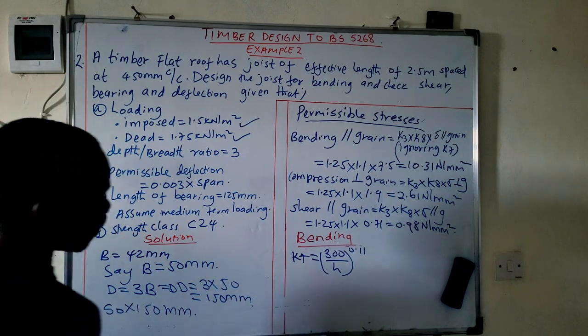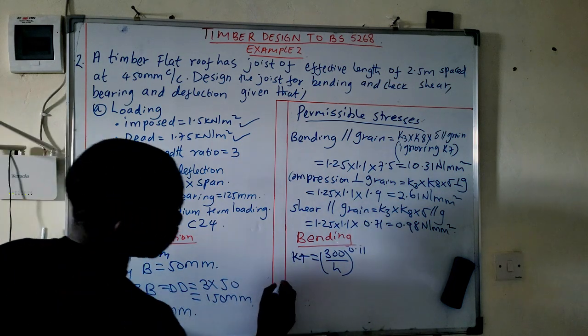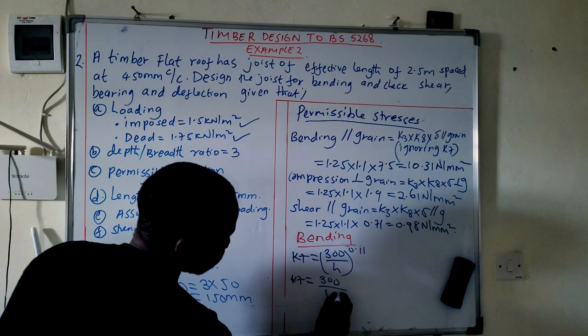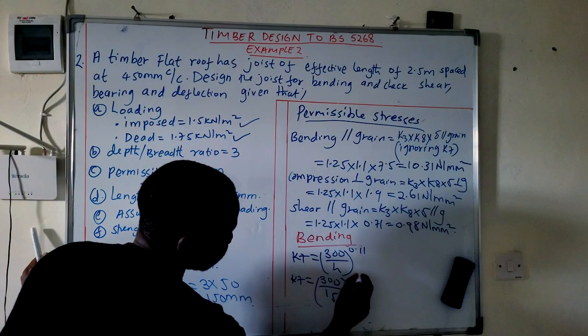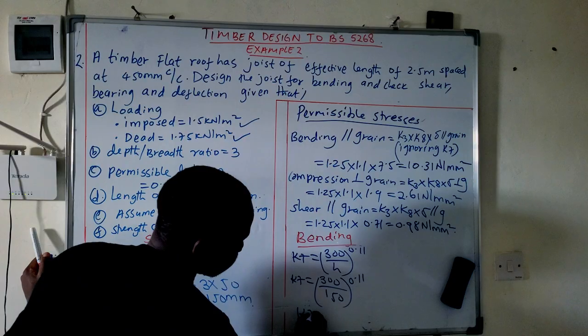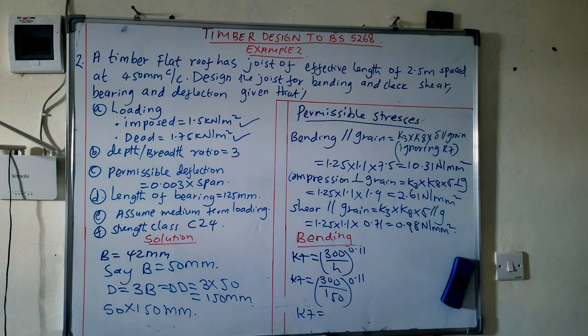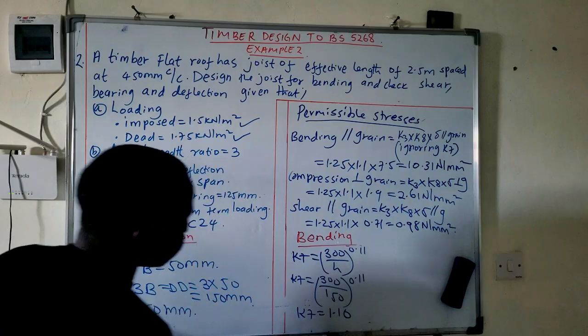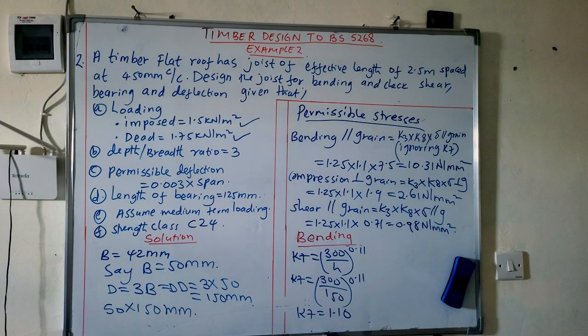So the formula for K7 is this one. So K7 is equal to 300 over 150 raised to power 0.11. So our K7 is 1.10. So that is our K7.